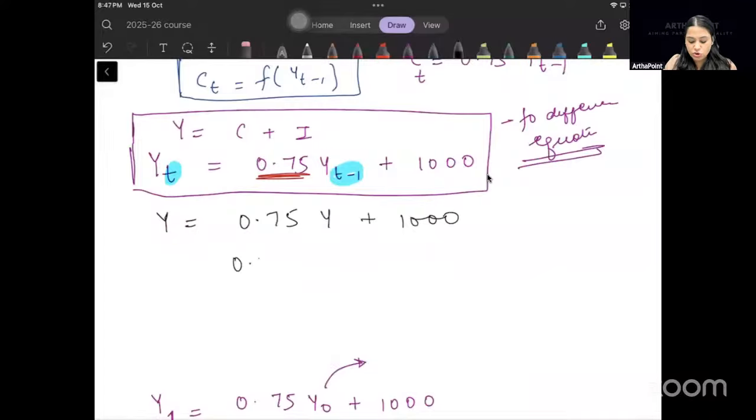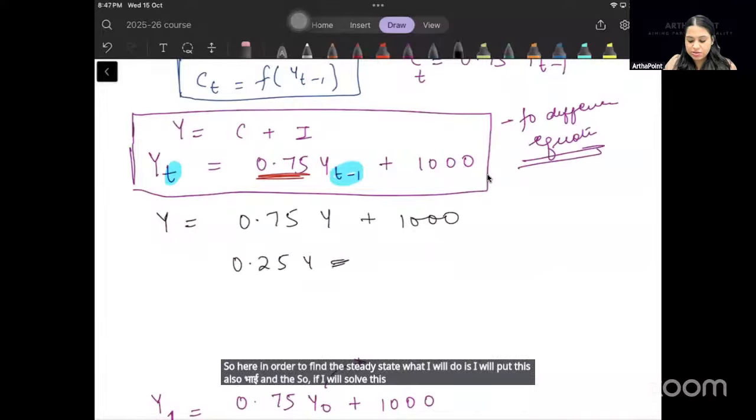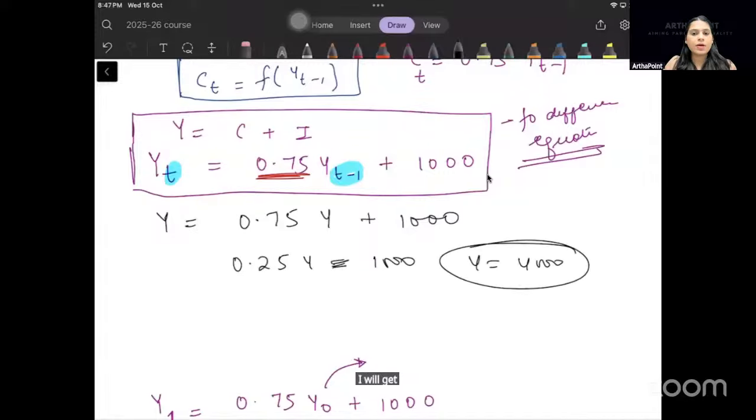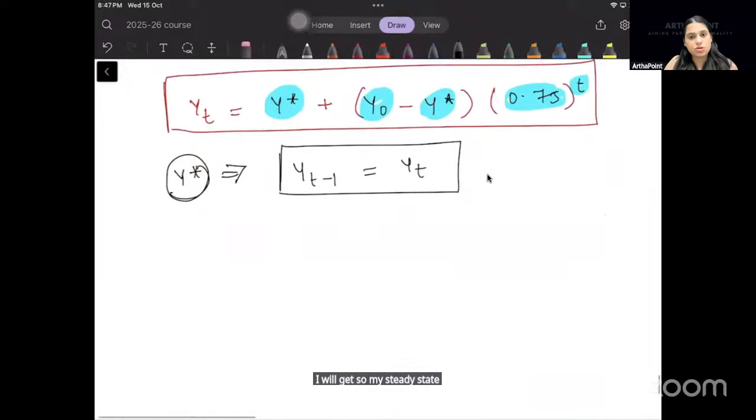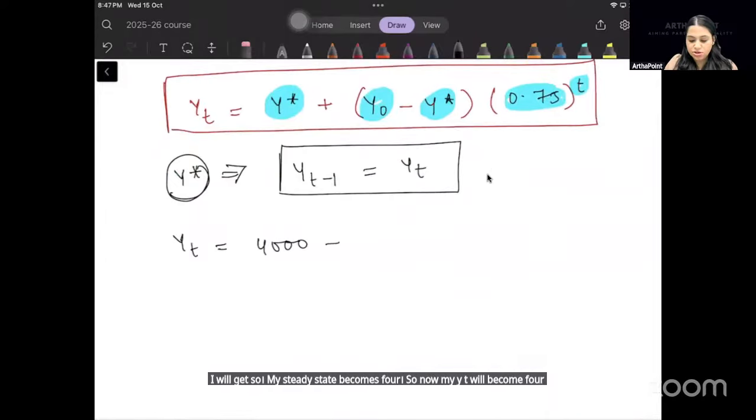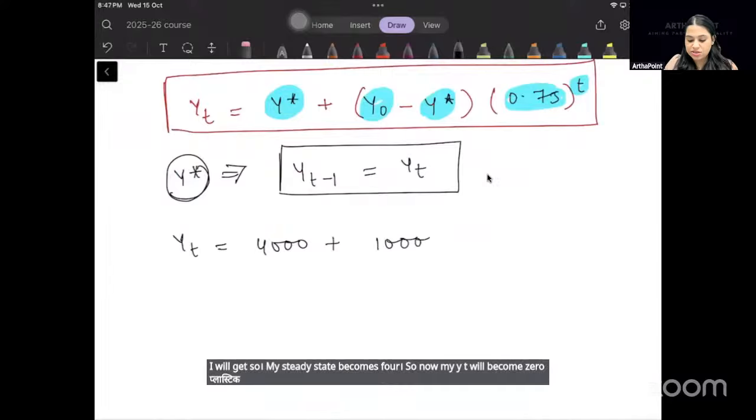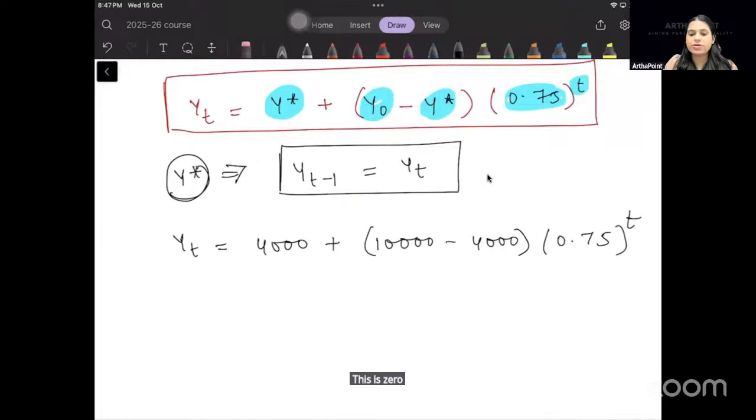So if I solve this, I'll get y as 4000. So my steady state becomes 4000. So now my YT will become 4000 plus my base was 10,000 minus 4000, into 0.75 to the power t. This is your general formula, right? This is your general formula.